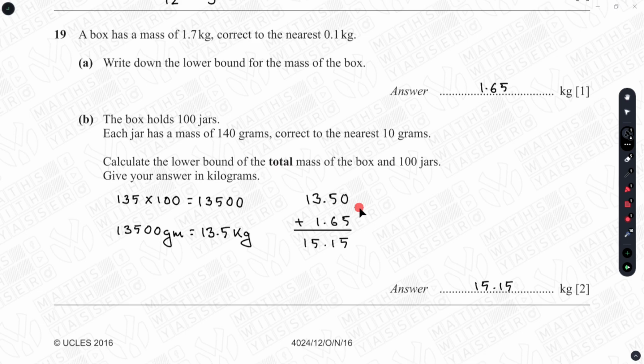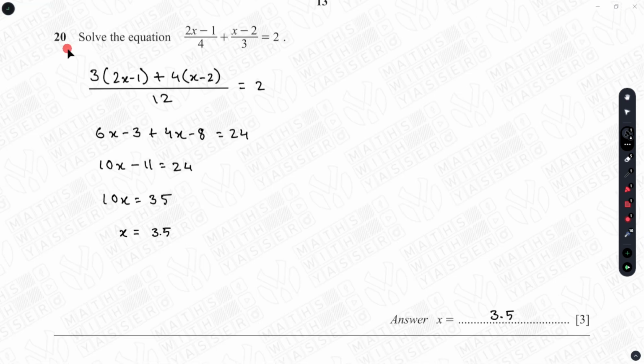Now to find the total mass, the lower bound for the box and the 100 jars will be 13.5 plus we have already found the lower bound for the mass of the box, which was 1.65, and that will give us 15.15 kilogram.